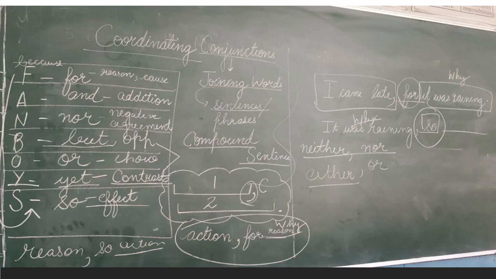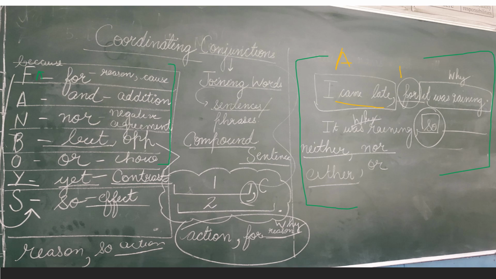The last image is of my blackboard work. For is used for because, we tell the reason or the cause, and the others are for addition and negative. I will not discuss this part as I've already discussed it. I have shared this image for these examples. I came late for it was raining. When I use this, I came late, there is an action being talked about.